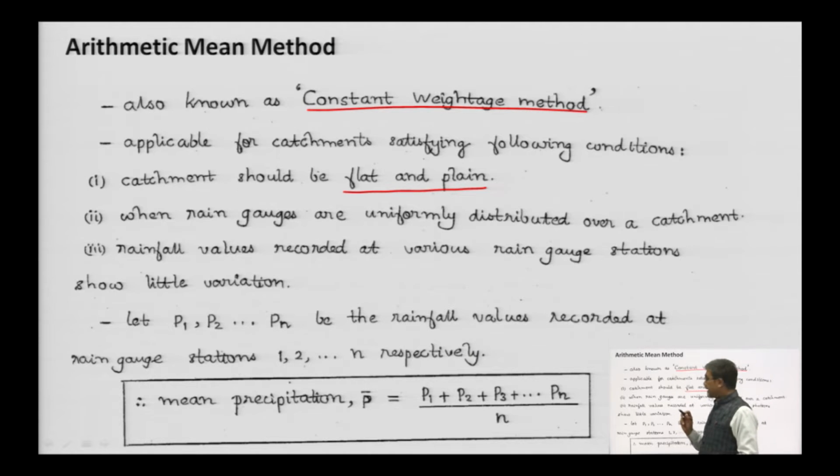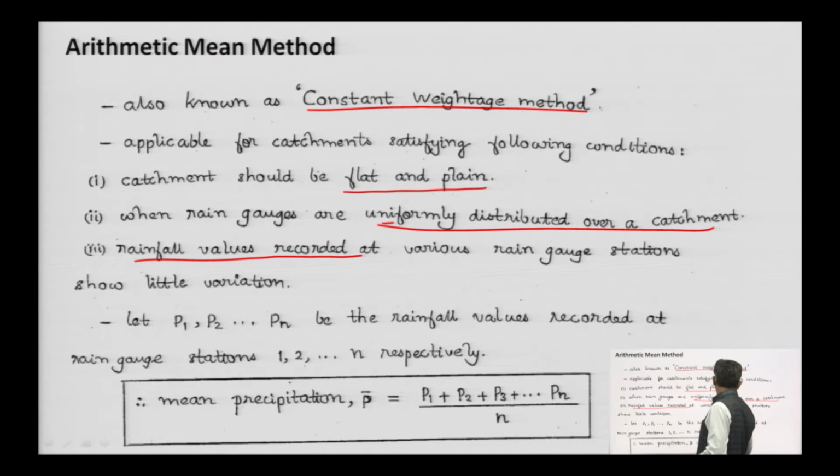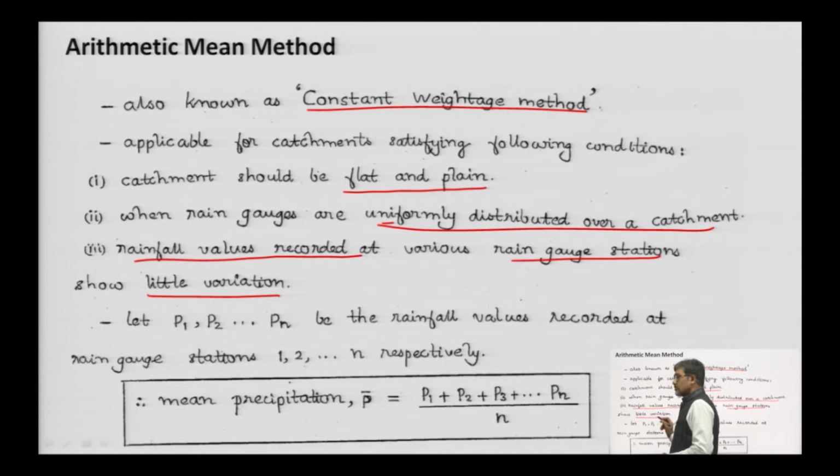The second condition is that the rain gauges should be uniformly distributed over the entire catchment area. The third condition is that rainfall values recorded at various rain gauge stations show little variation.